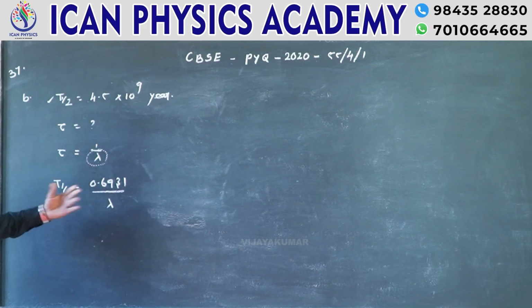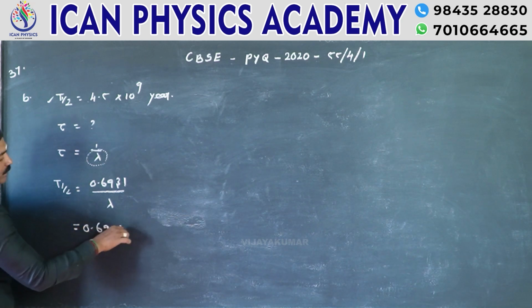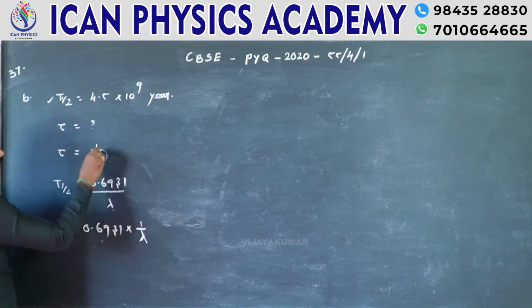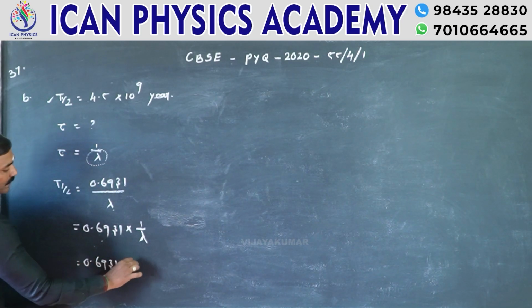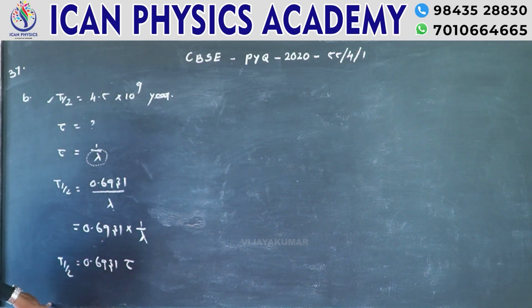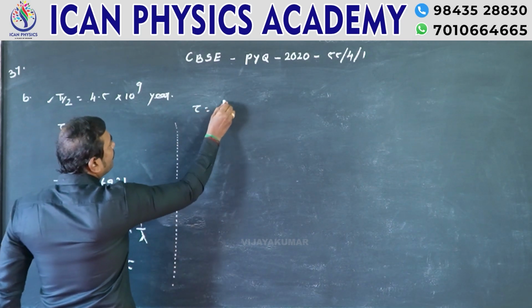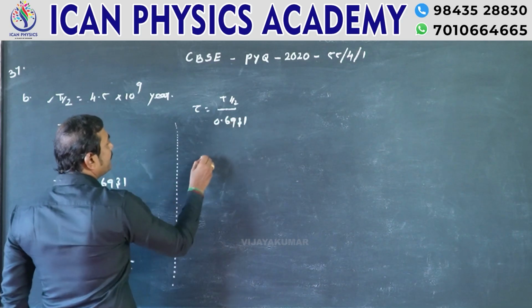Instead of that, I want to modify the formula. So how can we modify? 0.6931 into 1 by lambda. Instead of 1 by lambda, we can write tau. So 0.6931 times tau is T half. Now the multiplication value comes to this side as division, so that we get tau equals T half divided by 0.6931.